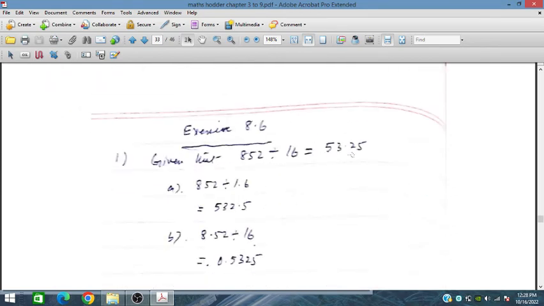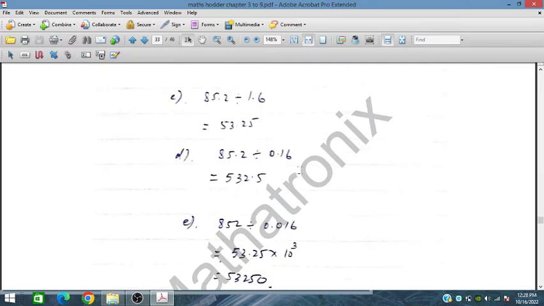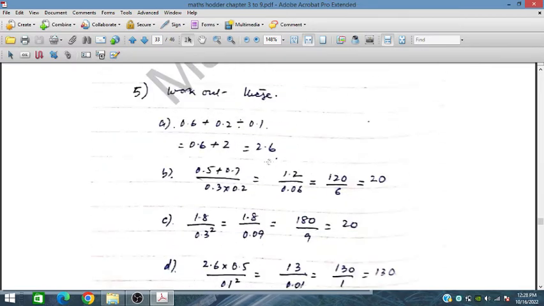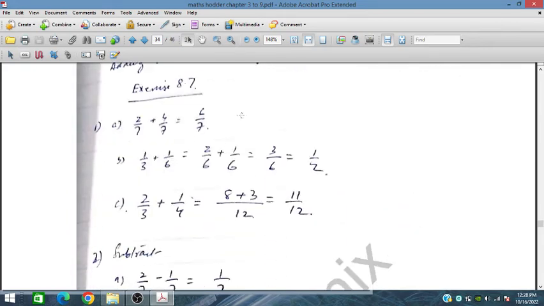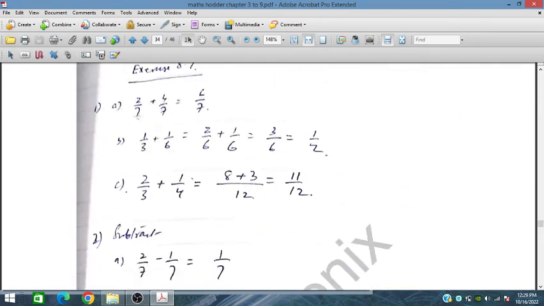Given that 852 divided by 16, this is all simple operations. Perform this first and then add up here and form this. Subtracting, we take the LCM. 2 upon 7 plus 4 upon 7 is 6 upon 7. 2 upon 3 plus 1 upon 4, take the LCM here. This is 12.